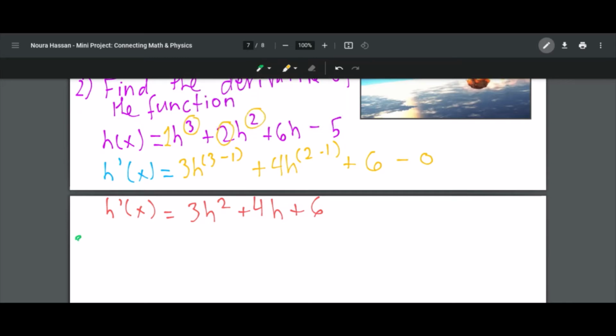Step 3 is to plug in the given value for time in the function.